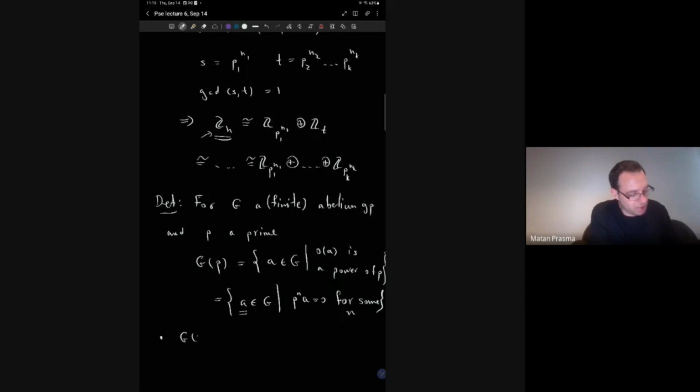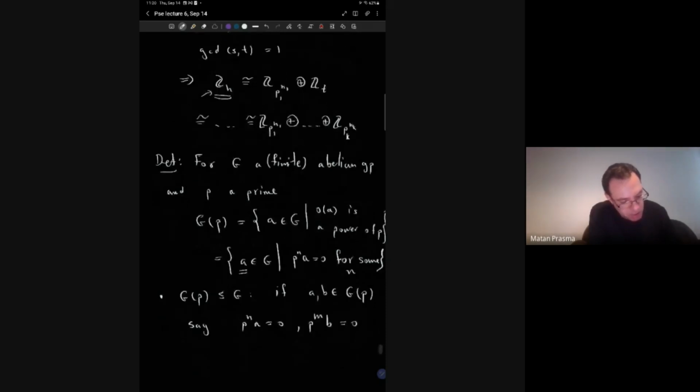I claim first that G_p is a subgroup. So in our notation, this is going to be a subgroup of G. And why is that? It's very easy. If a and b are in G_p, then, for example, p to the n a is 0 and p to the m b is 0.